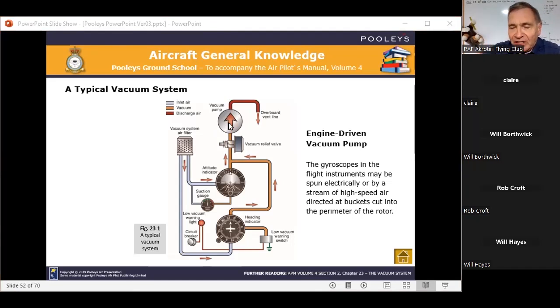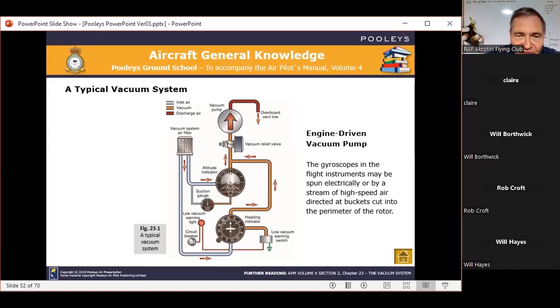It's about 4 inches in diameter by about 3 inches high, and it's just bolted onto the back of the engine. So the vacuum pump sucks air from the outside through an air filter, and then through various instruments, like this one showing you the artificial horizon and the heading indicator.